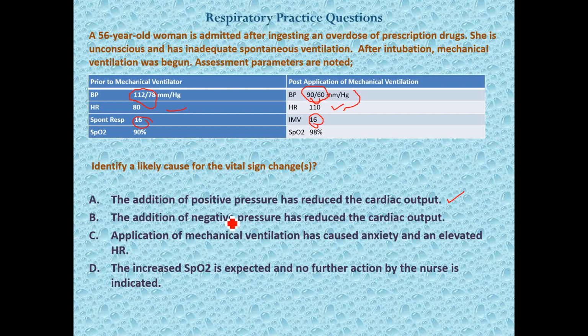And with positive pressure that's being applied inside the intrathoracic cavity, that will cause a reduction in cardiac output. How do you know? As evidenced by the fact that the heart rate has gone up because the cardiac output has gone down. So you see physically here the signs of compensation.